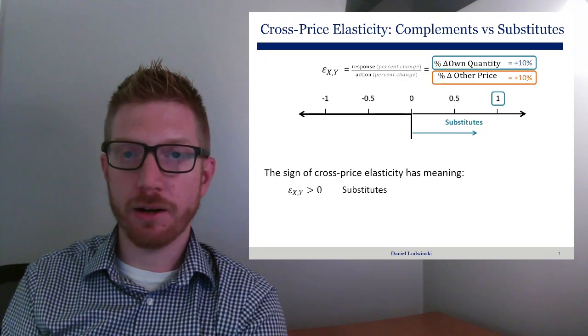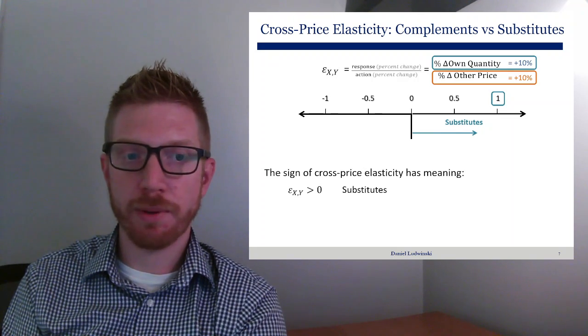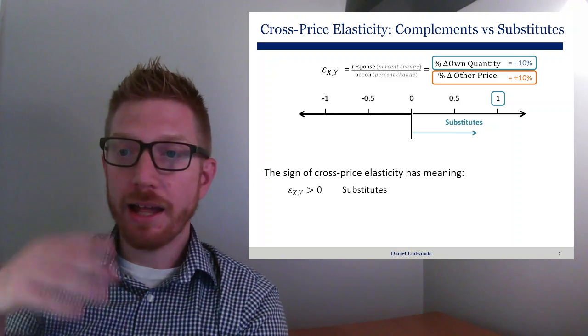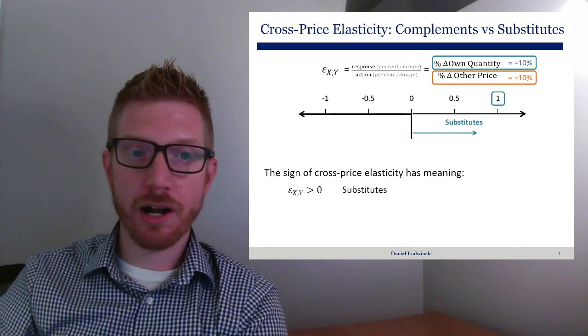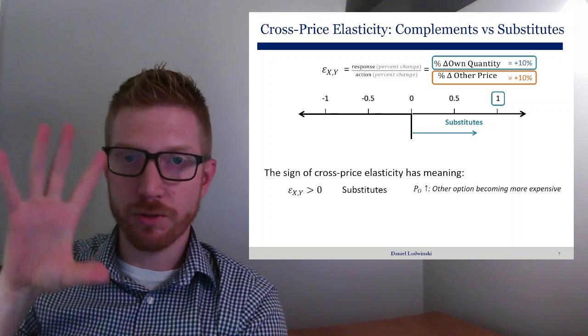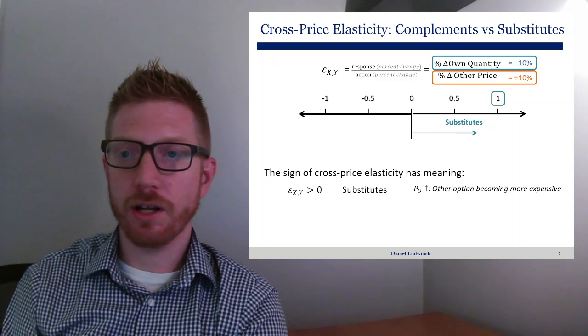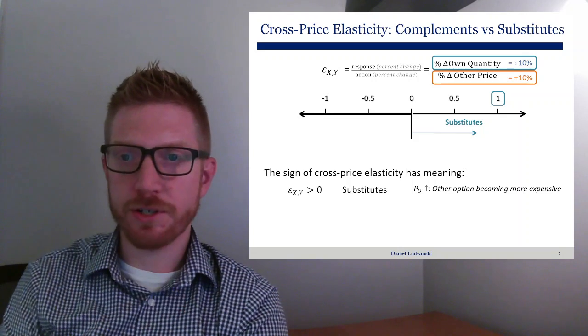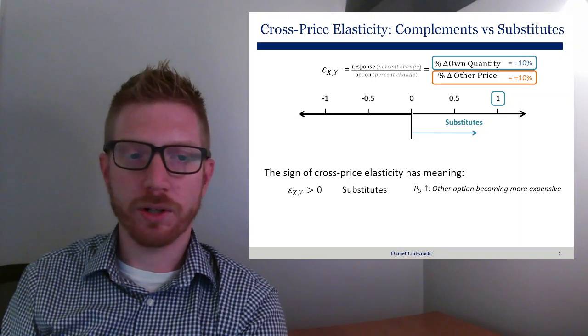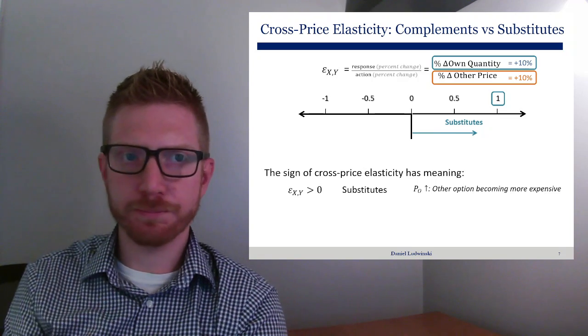Coffee and tea are potentially substitutes. Coke and Pepsi are substitutes for most people. That means if the other option is getting more expensive, you are going to move towards the option that we're talking about, coffee being the own good, or Coke being the own good.